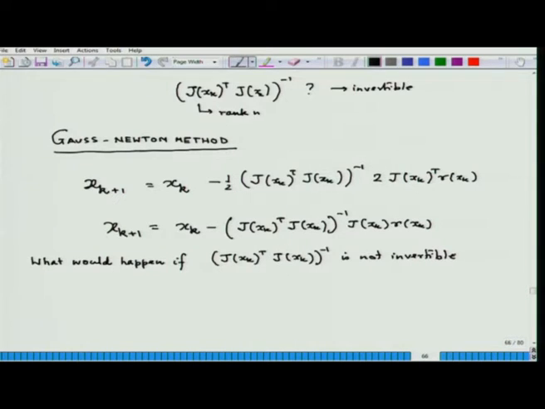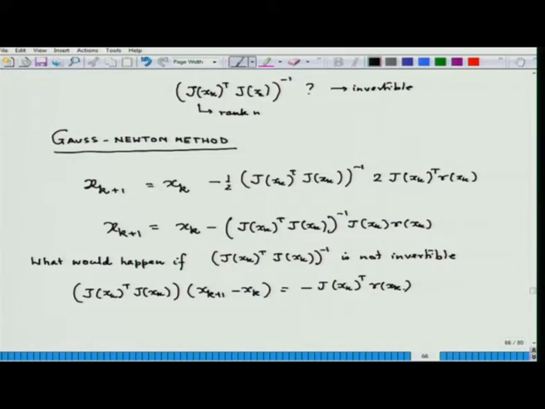Then we can create what is called a damped Gauss-Newton scheme, which is as follows. If you look at it very carefully, I can write J(x_k) transpose J(x_k), this matrix operating on the vector x_{k+1} minus x_k, is equal to minus J(x_k) transpose r(x_k).